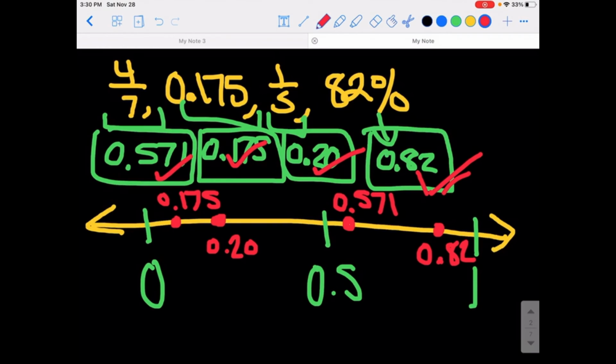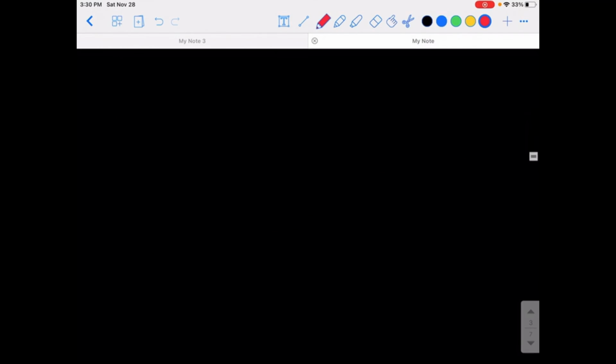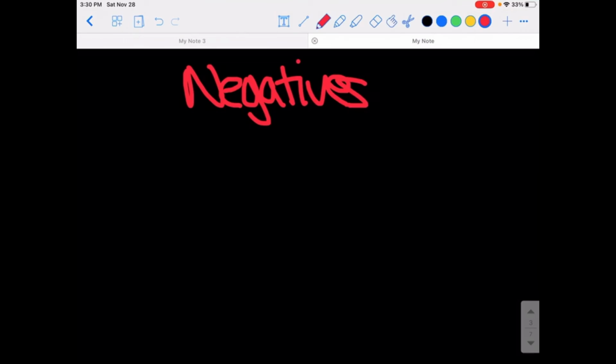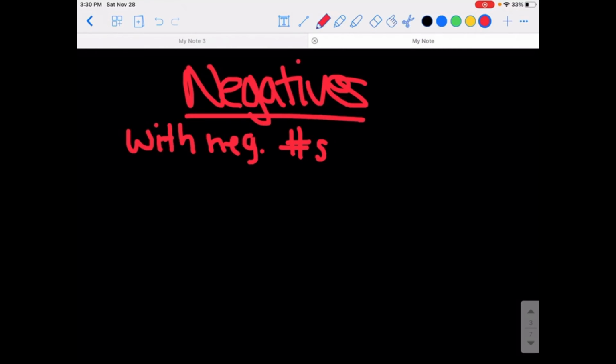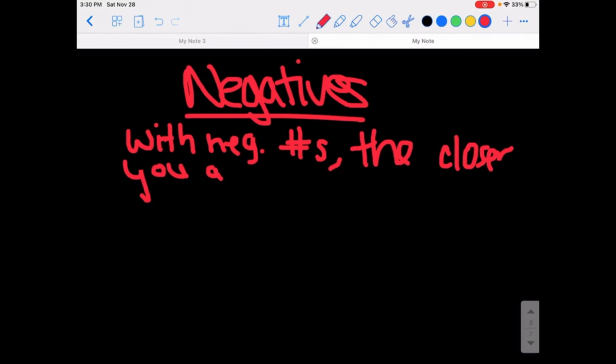But when there are negatives, there is something you have to be careful about. With negative numbers, the closer you are to 0, the larger the number is.